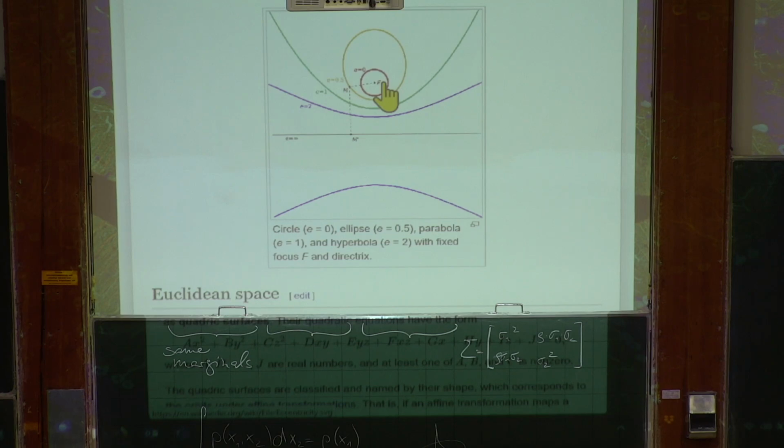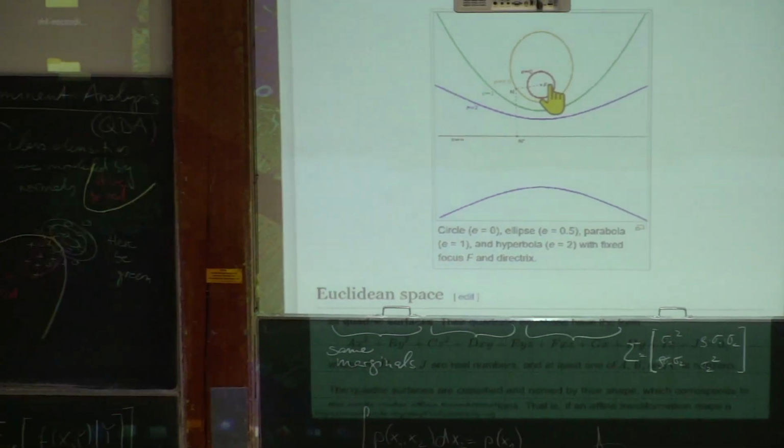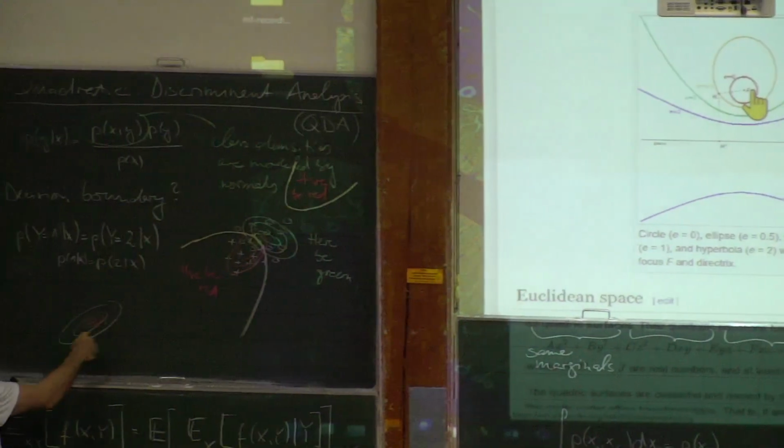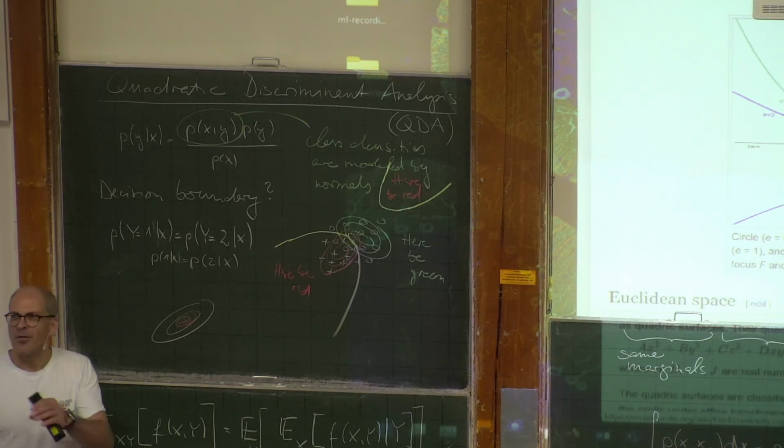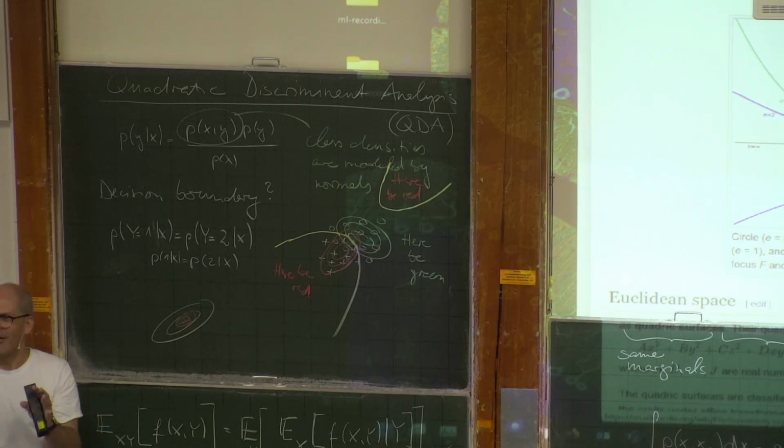So let's say this is my first, and this is my second one. I think you're thinking about the right thing, I just want to insist. So this one here is more compact than the other one, but the decision boundary here would be elliptic. Remember again that normal distributions are not always spherical.